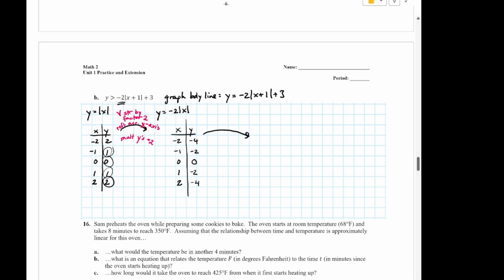We've got to account for the plus 1 and the plus 3. So you might remember the plus 1 being shifted left. So let me use a different color. Shift left 1. It feels kind of backwards, right? It's x minus negative 1 there. That's how you have to think about the x's.